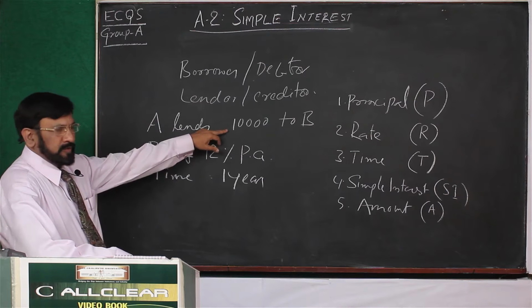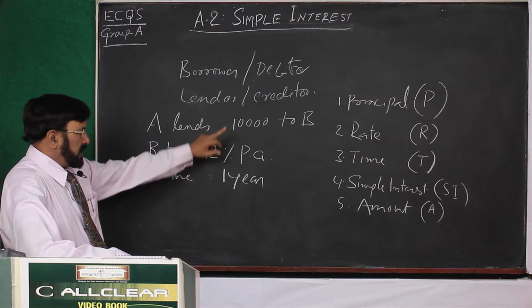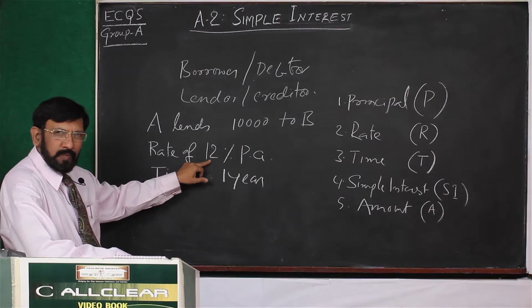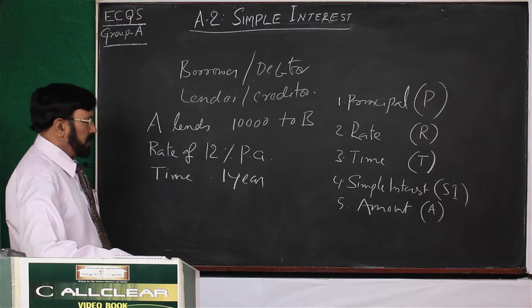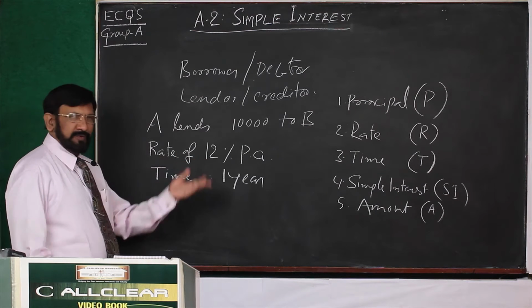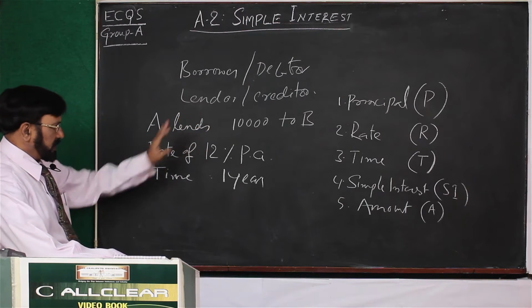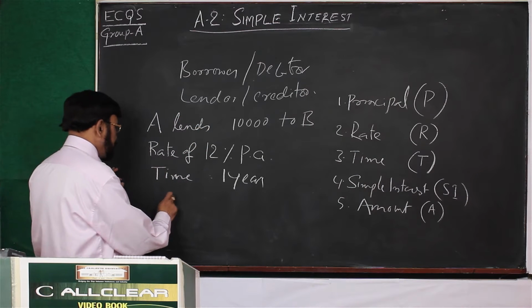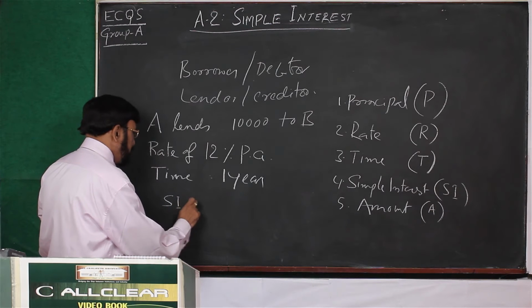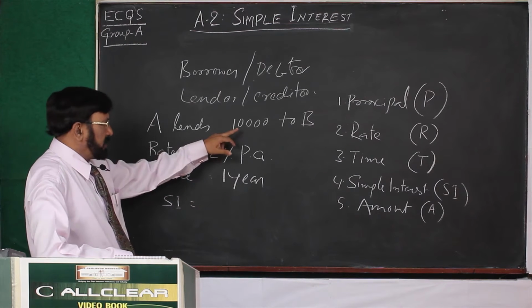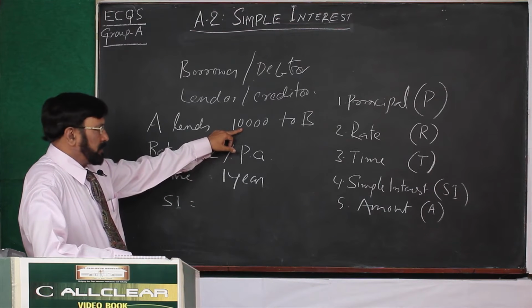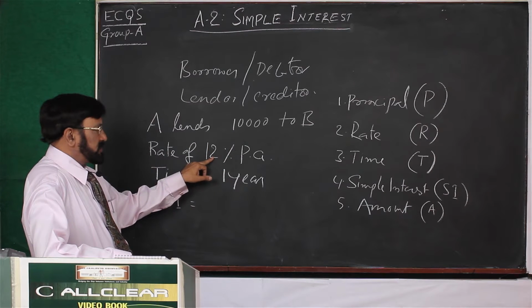So, 10,000 rupees is lent at the rate of 12% for 1 year. What is the simple interest? Later we will see the formula. Just let us simply calculate the simple interest. Simple interest per year per 100 is 12 rupees.